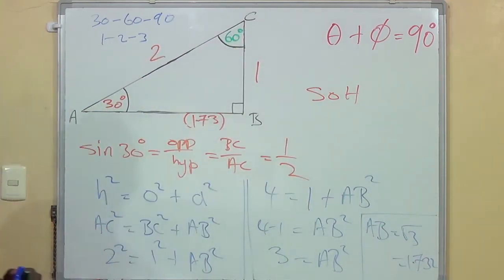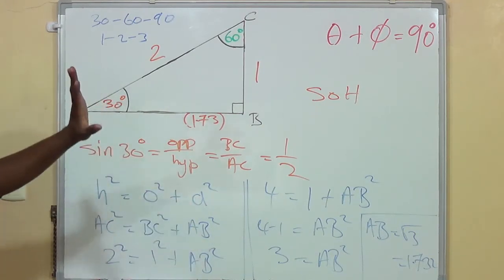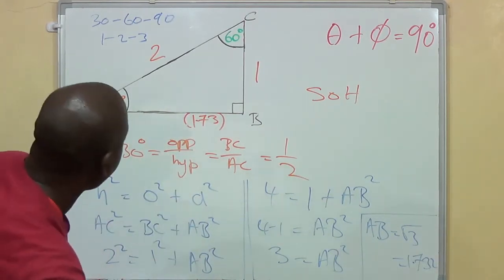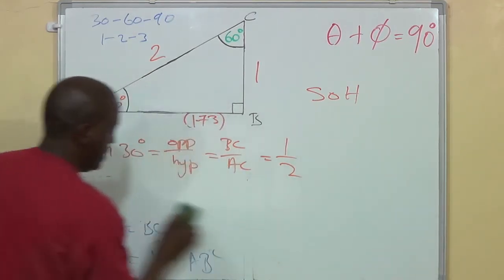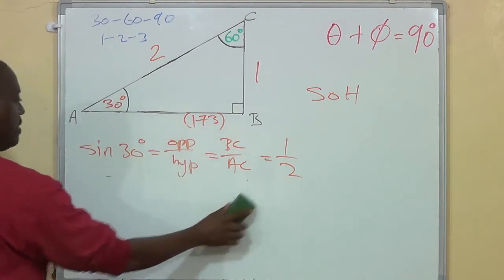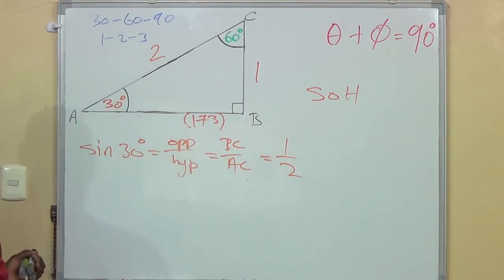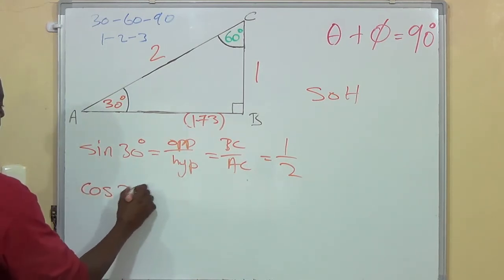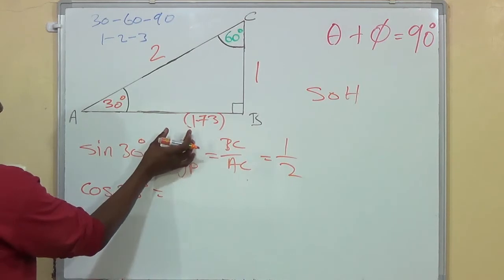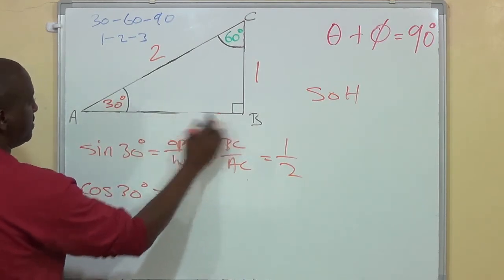So now that we have this, we could write out all the ratios. So we start off with sine equal to a half. It means then that we could say that the cosine of 30 degrees is equal to adjacent over hypotenuse.